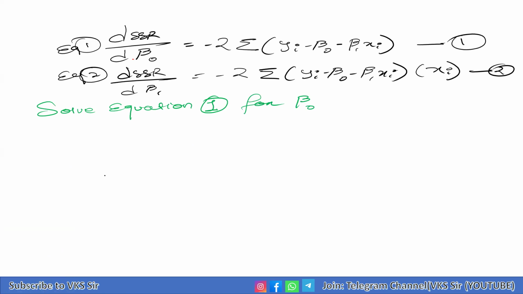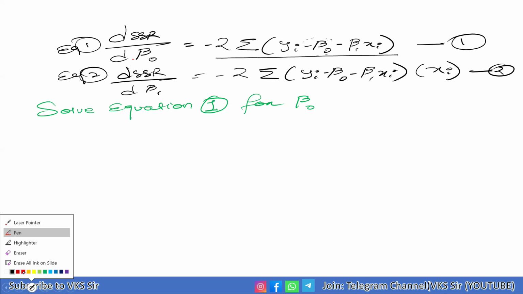Here the equation is this. Now if I isolate this intercept part, I can also write it like this.